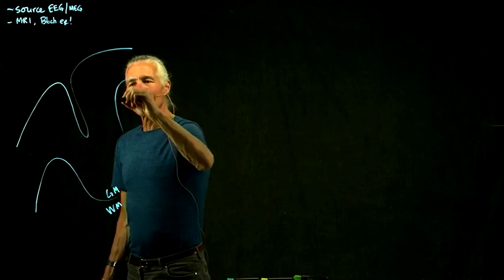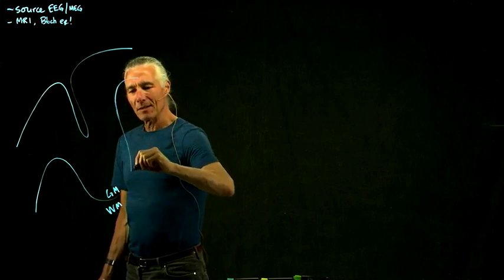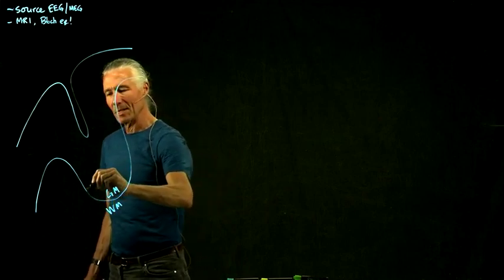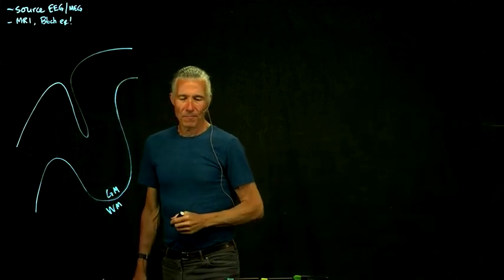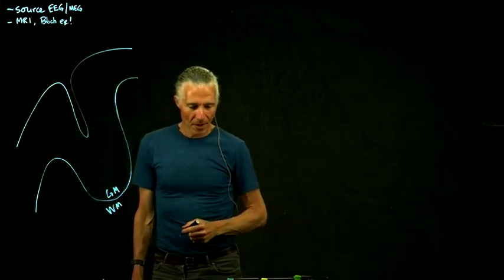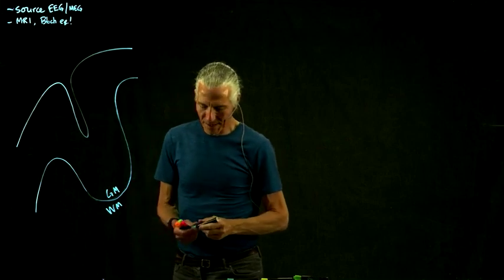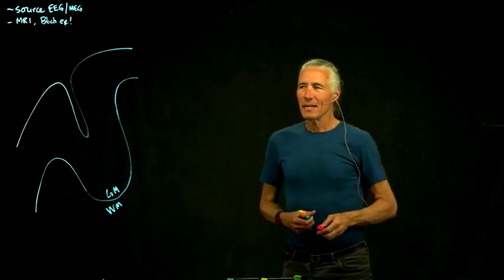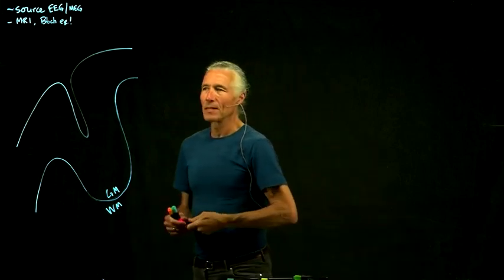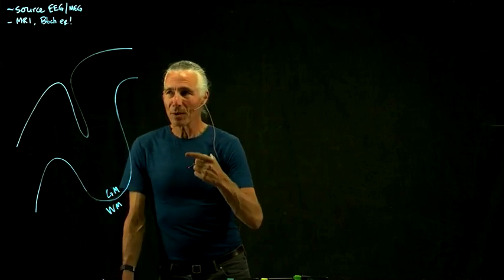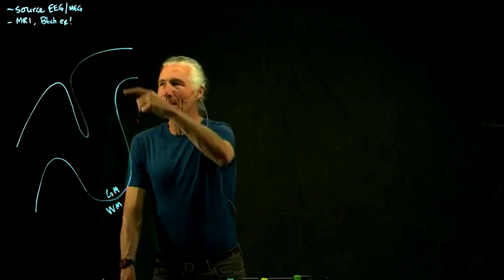So what causes the EEG and MEG? It turns out that in order to get any kind of signal, we need three different things to make a visible signal.